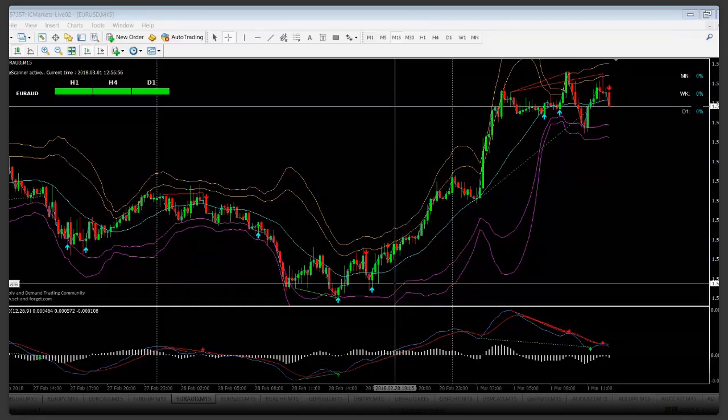Not bad. Euro Aussie. Okay. So I just took that trade. It's a couple of minutes old now, so I took that trade in the Euro Aussie.